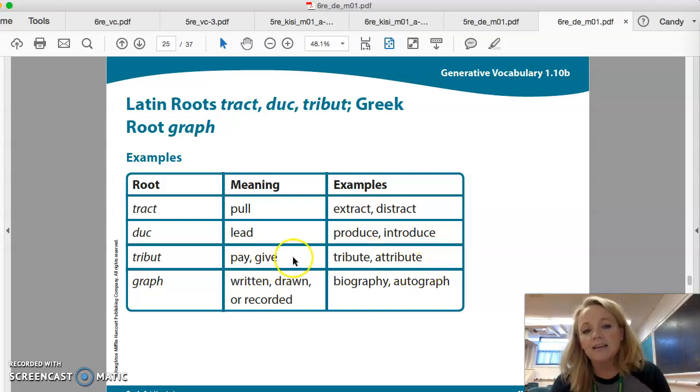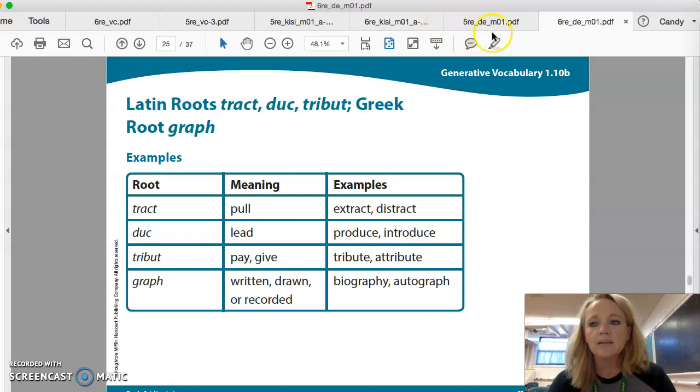So I can give you that attribute. How do I say this correctly? If I attribute something to you, it means I give it to you. And the last one is graph, means written, drawn, or recorded. Examples are a biography, it's written about somebody's life, and an autograph is your written signature.